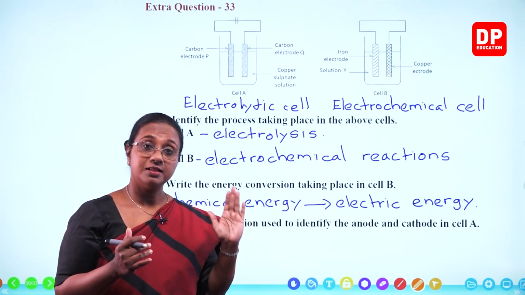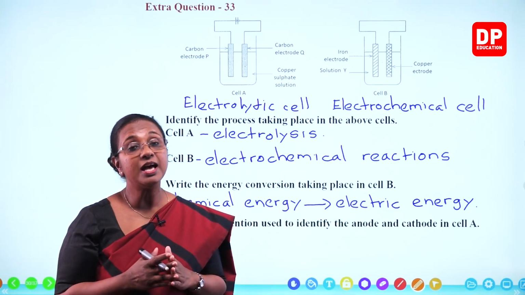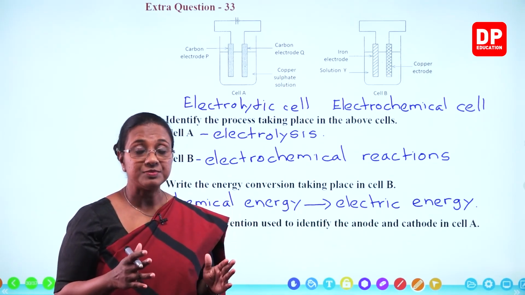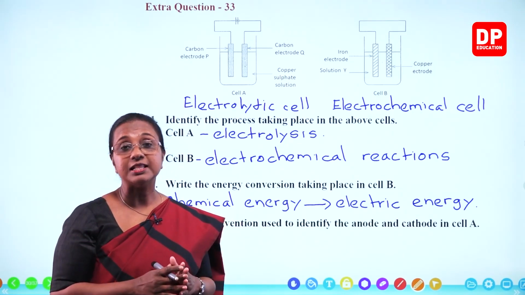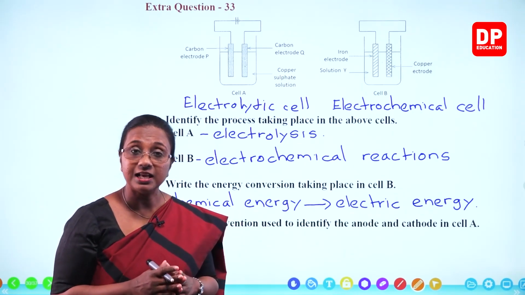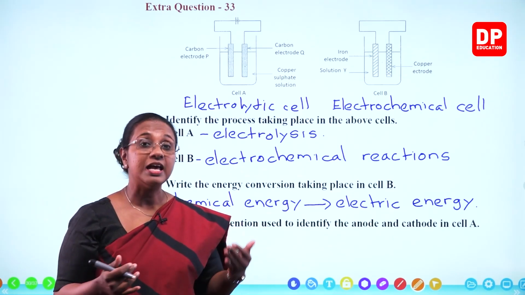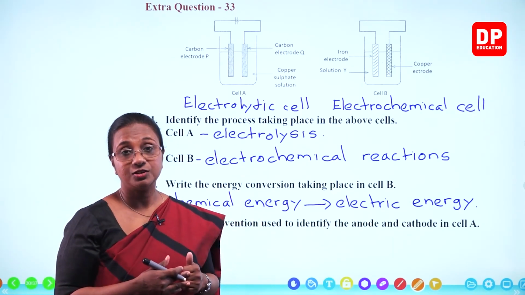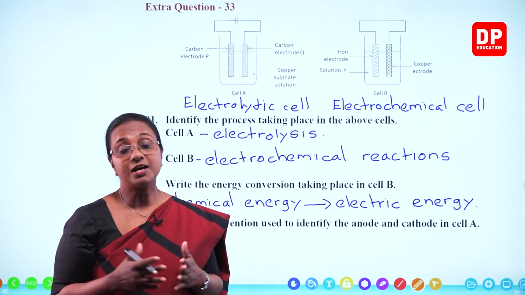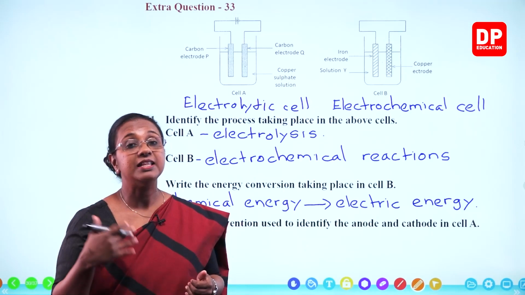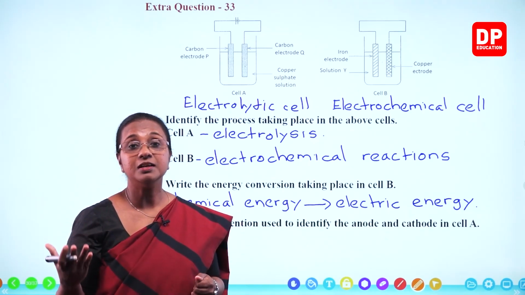So there, the positive terminal becomes the anode. At the same time, the negative terminal of the battery is connected with the other electrode and that electrode becomes the negative electrode and the positive ions get attracted to the negative electrode and they undergo reduction. Because of that, the negative electrode becomes the cathode.